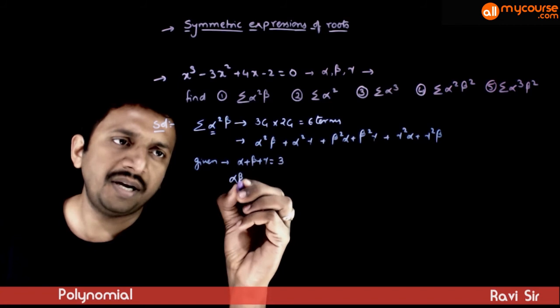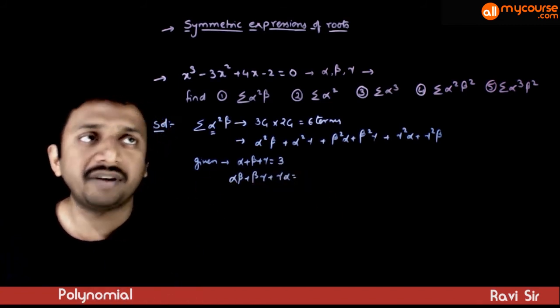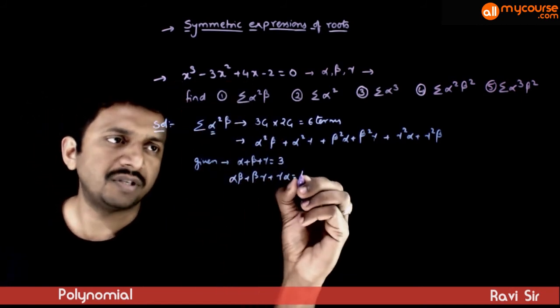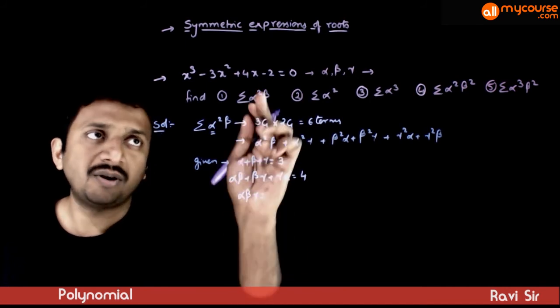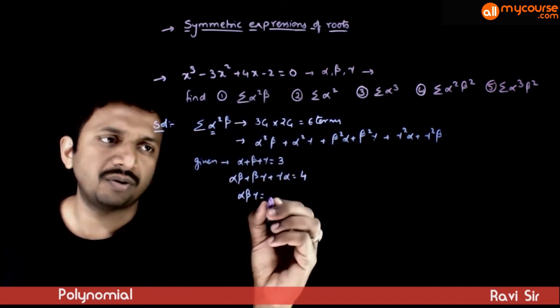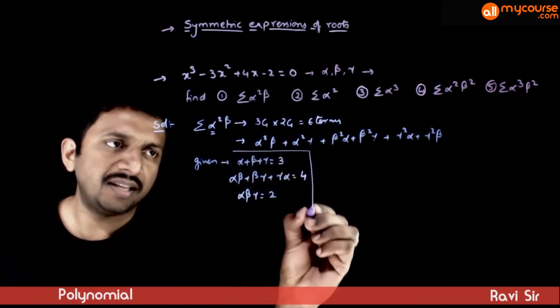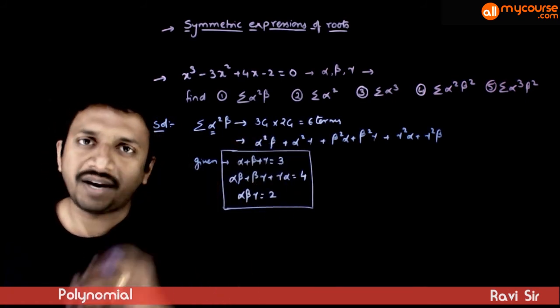And alpha beta plus beta gamma plus gamma alpha is equal to plus next coefficient by first coefficient, it's 4. And alpha beta gamma is equal to minus of last coefficient by first coefficient, which is equal to 2. So these 3 are the known relations. So using these 3, can you find this?